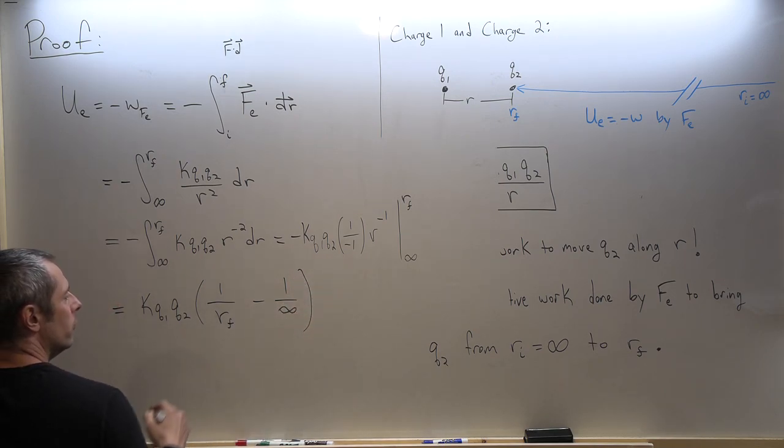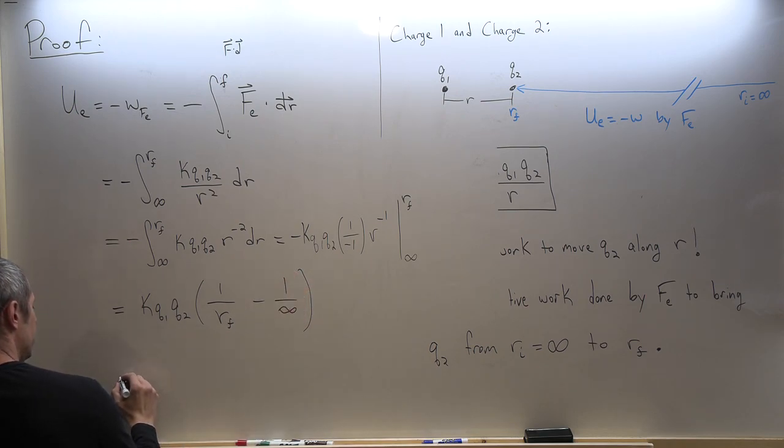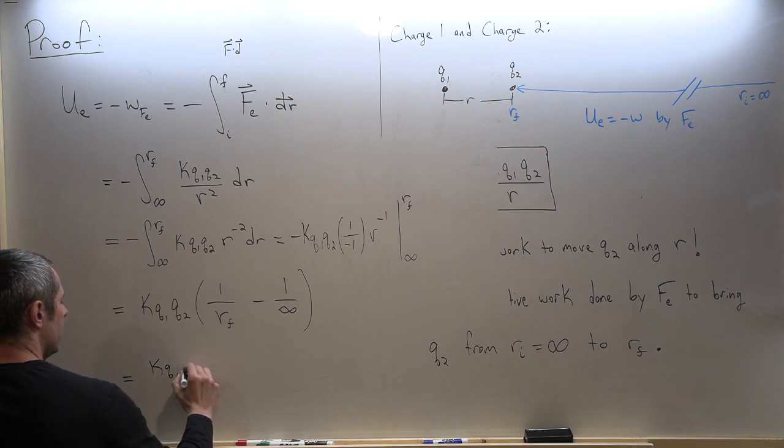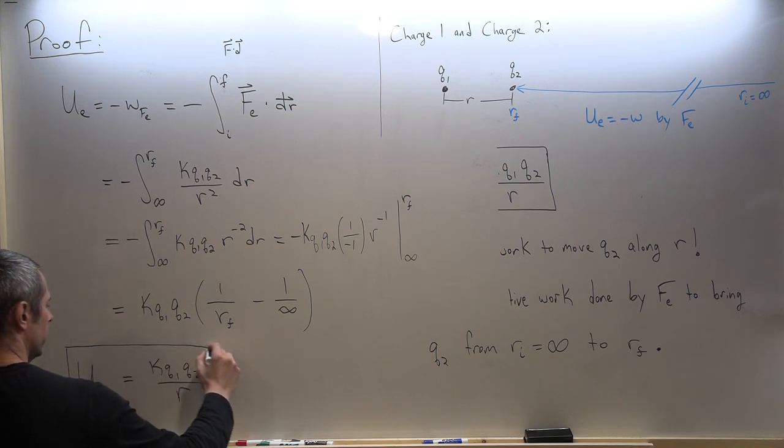Now this is 1 over a large number, 1 over infinity. This term is 0, and that gives me my final expression of K, Q1, Q2 over R. And I'll just drop the R final, but that is the expression. So there's the proof.